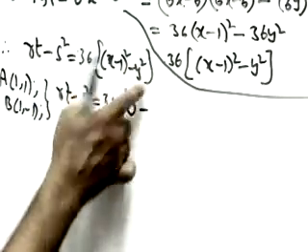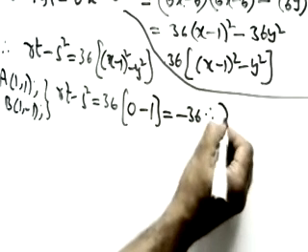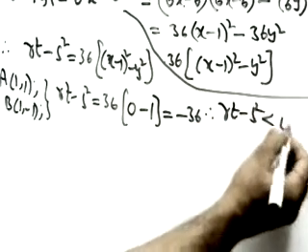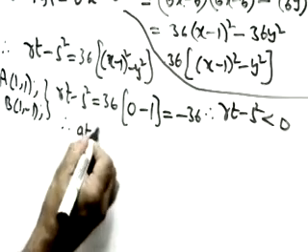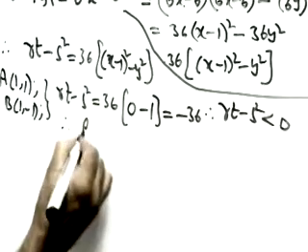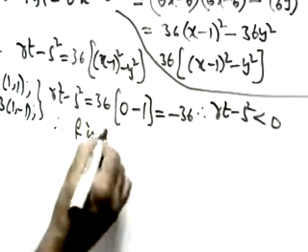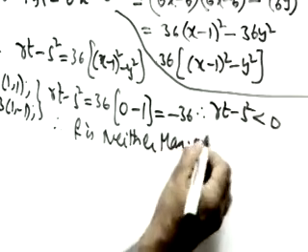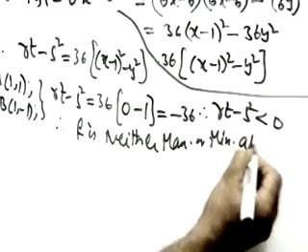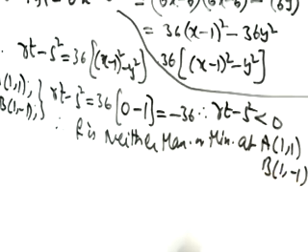Now if you substitute 1 here, 1 minus 1 whole square will be 1 only, so this will be minus 36. Therefore rt minus s square is less than 0. Therefore we say that at A and B, it is neither maximum nor minimum, at A(1, 1) and B(1, minus 1).